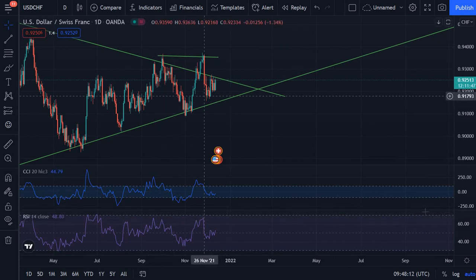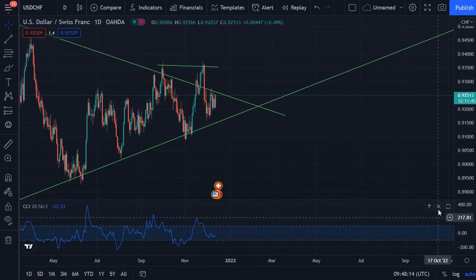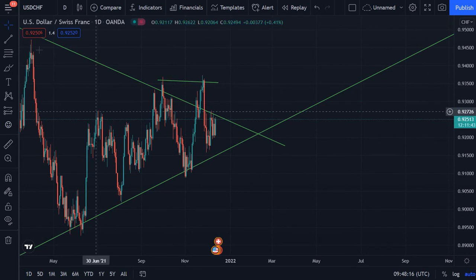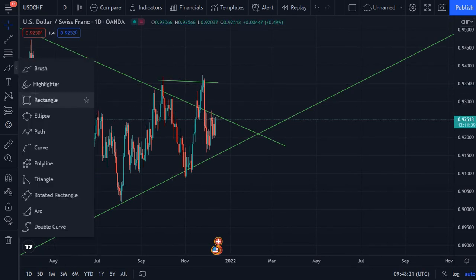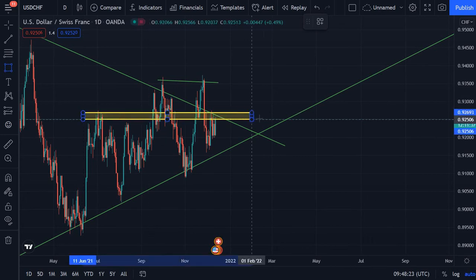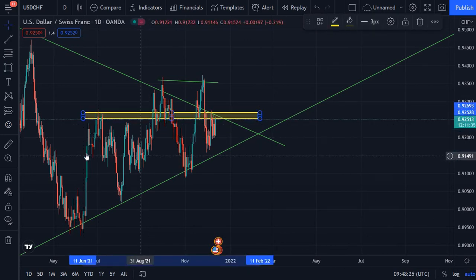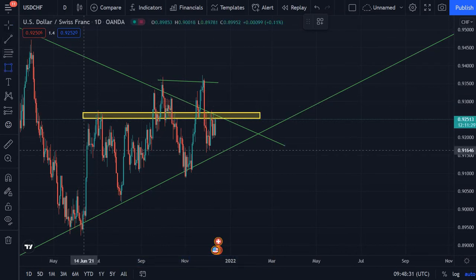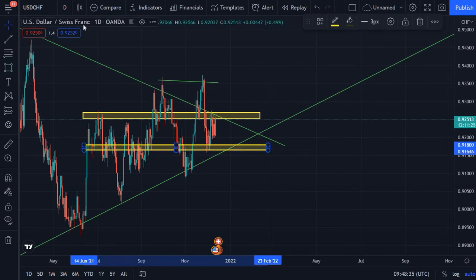Here neither, so just a double top, not really. But here now, again retesting this zone here. Quickly target this zone here around.